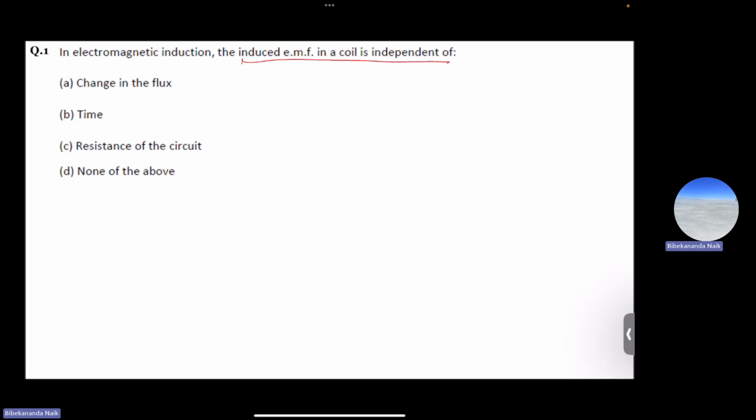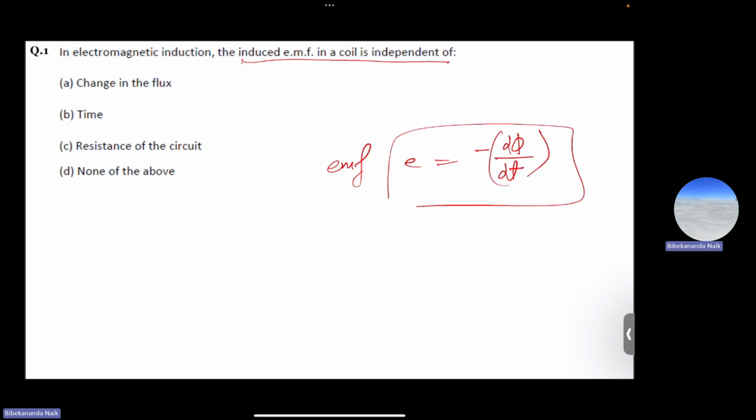So we just discussed the concept of electromagnetic induction. The induced EMF is proportional to the rate of change of the flux. Since the rate is coming into the picture, E is minus d phi by dt, or we can say here, if n is the number of turns.